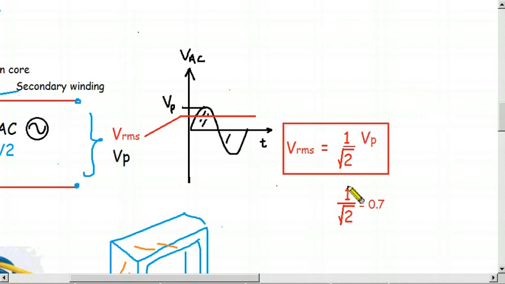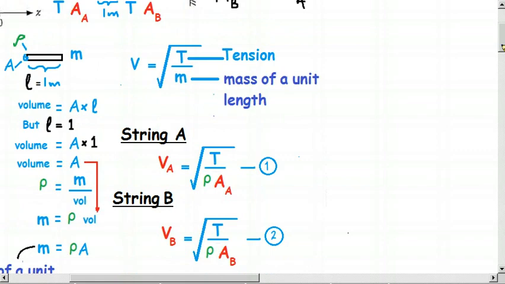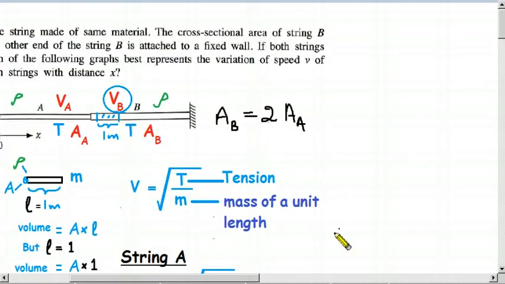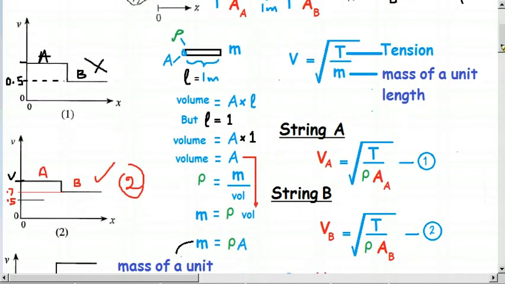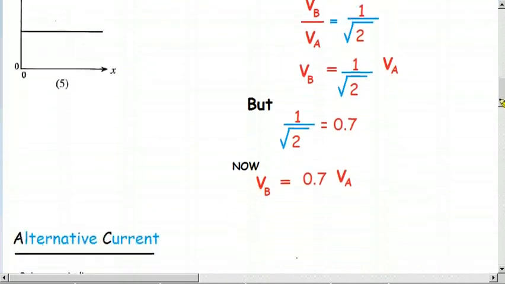So you have to keep this value in your memory. You know, normally root 2 is 1.42, and as same as that, you have to keep this value also in your mind because it is useful. That is what we used here in this problem, question number 9 in the 2021 paper.